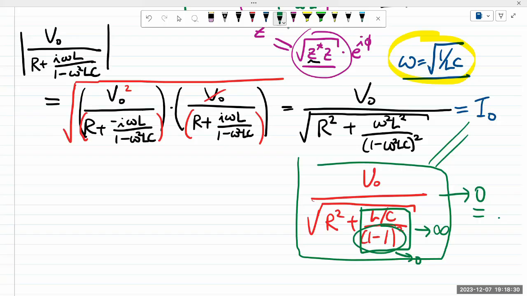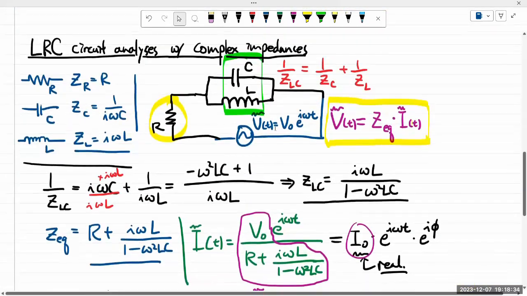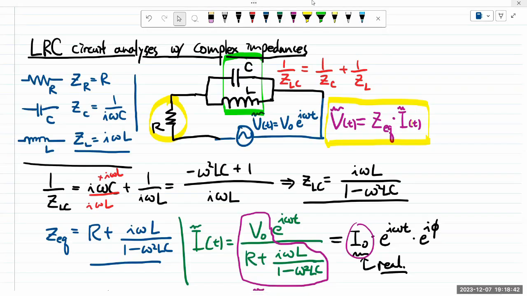So what on-resonance behavior means for this circuit is that the current through the circuit will approach 0 at that resonance frequency. And you can follow through the consequences of what that means.